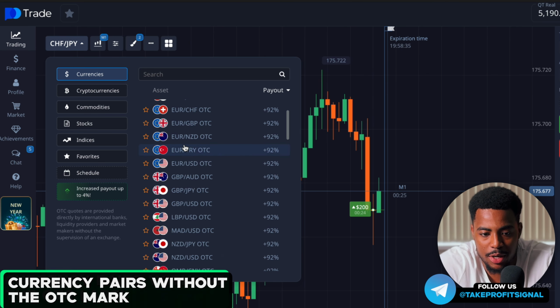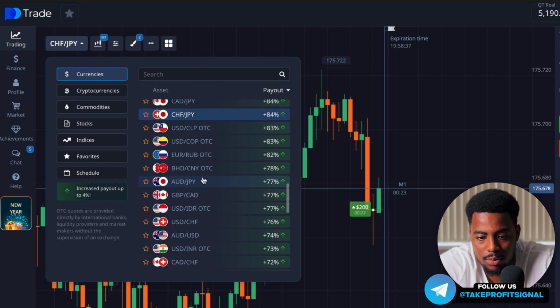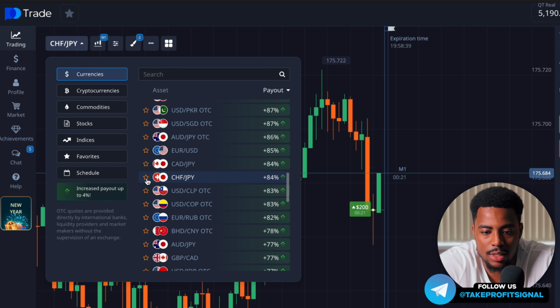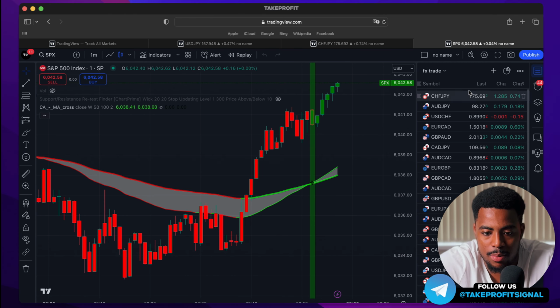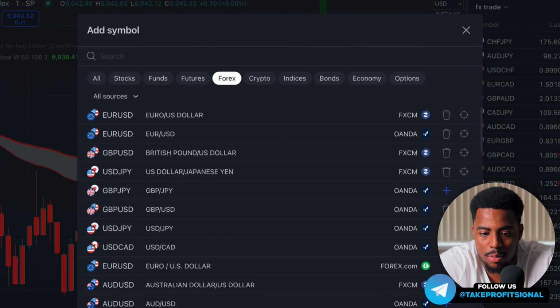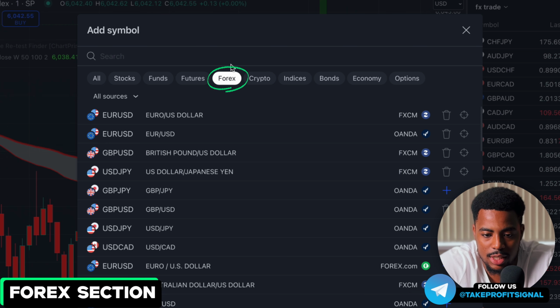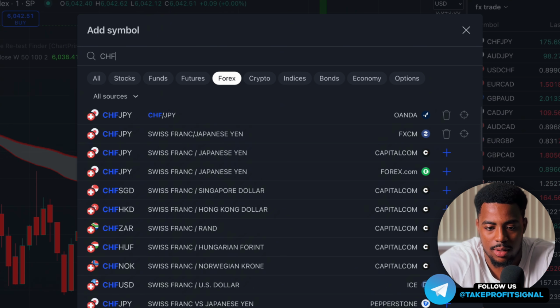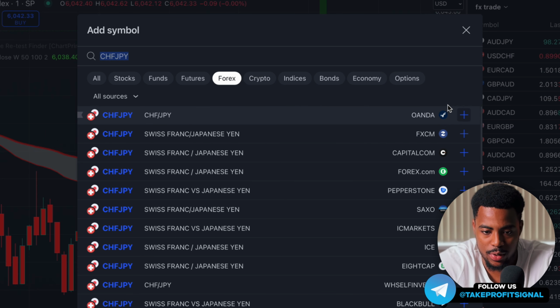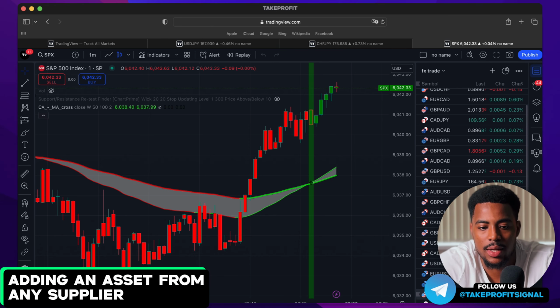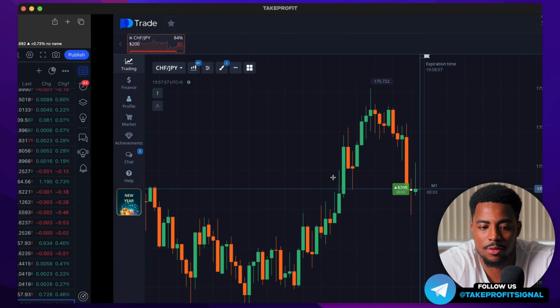Open the currency pairs without the OTC label. That is, we select only exchange traded currency pairs and write the name of this asset here. Click plus, select the forex section and write the name of any asset that we need. That is, we can add an asset from any supplier and our chart will not differ at all.